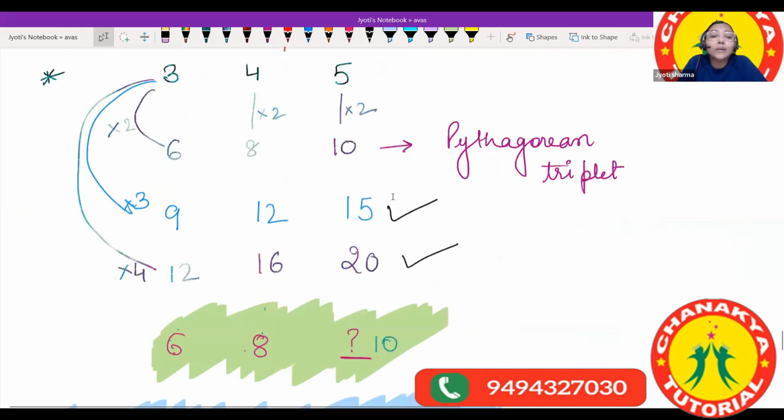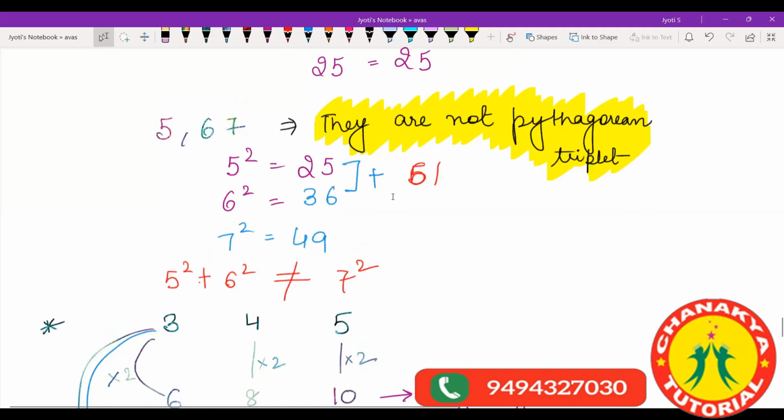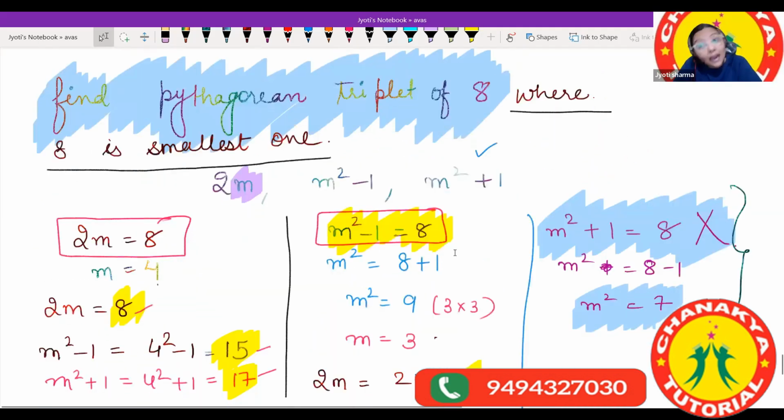All right, kids, now tell me, what did I teach you today? Ask your doubt. Ma'am, what if the single number that they give is a prime number and they ask you to do it starting with 2m? You will not be getting this. How is it possible? Tell me. Whenever you are finding a Pythagorean triplet, it's your choice which equation you are using.